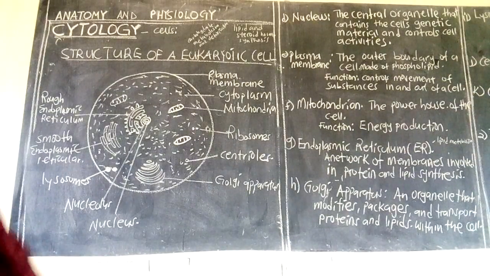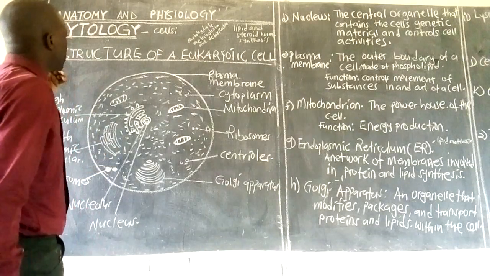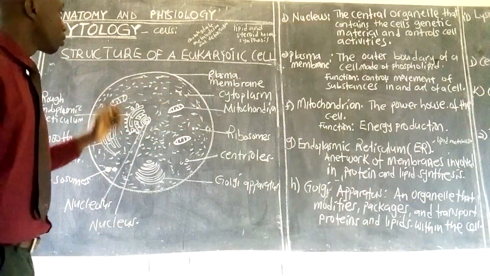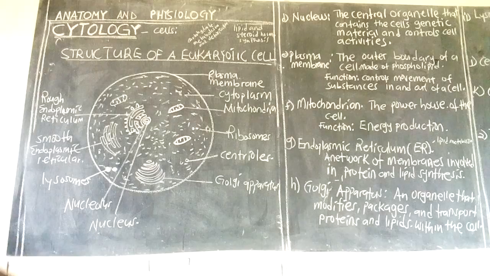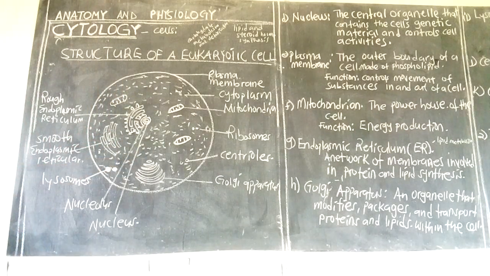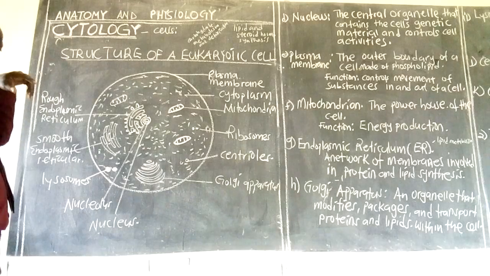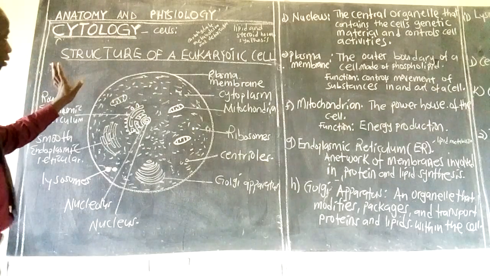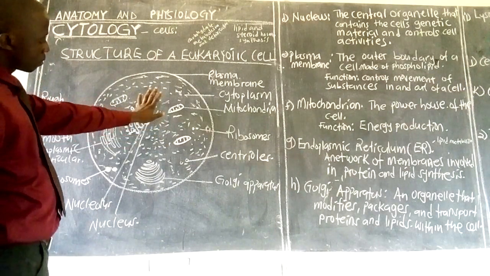So this is the structure of a eukaryotic cell. Like we have seen, we have eukaryotic cells and prokaryotic cells. A eukaryotic cell, this is how it looks.